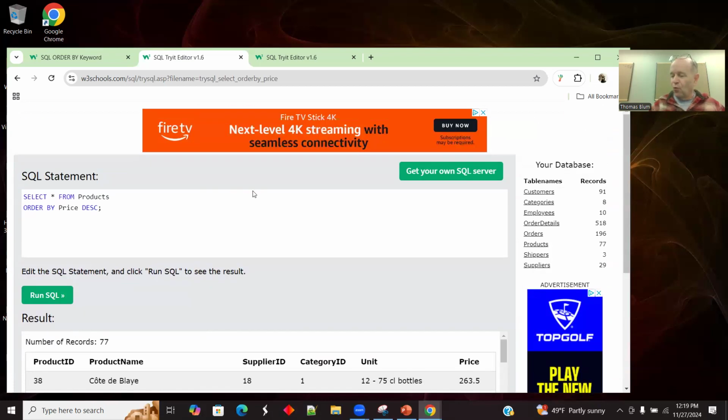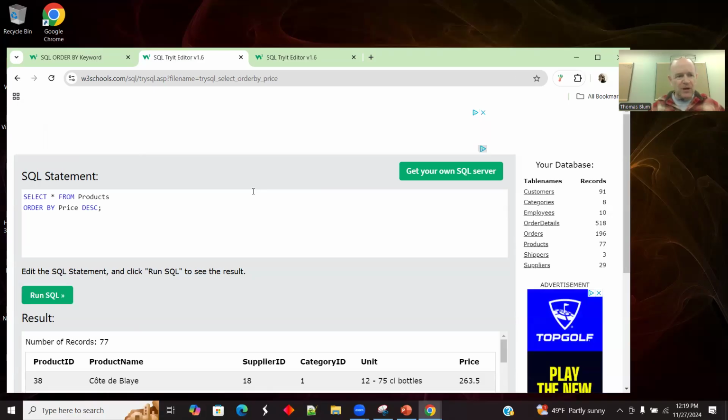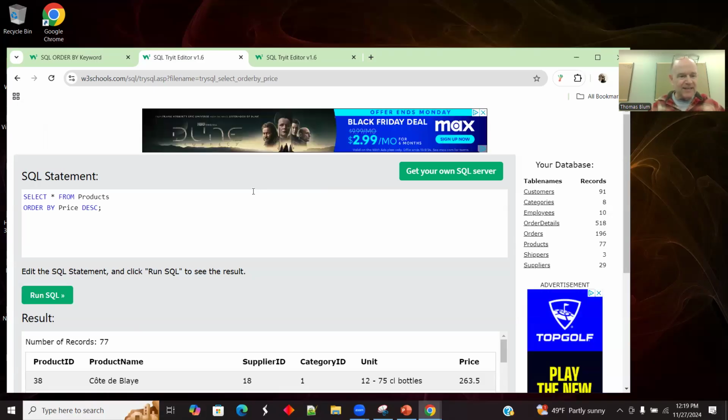So that was order, and so it was order by. So we will often refer to it as sorting it, but the SQL keyword is order by. Combination of SQL keywords is order by. And then we get this extra word in there sometimes of ascending or descending. So what do we want to try?